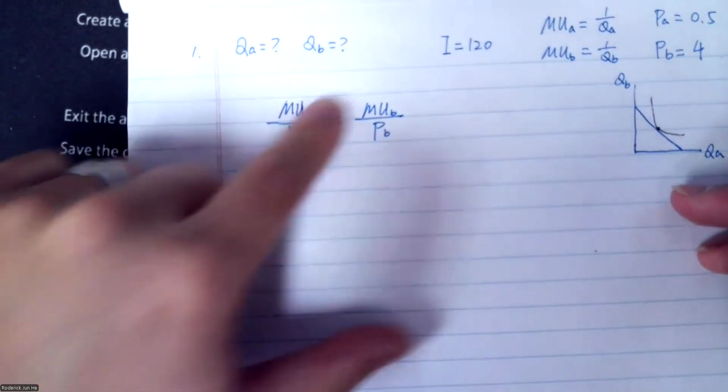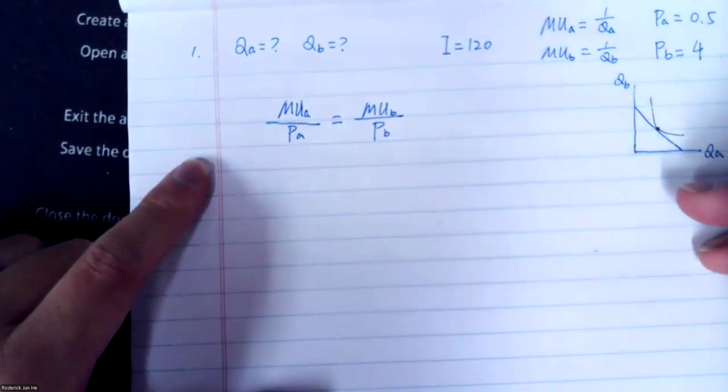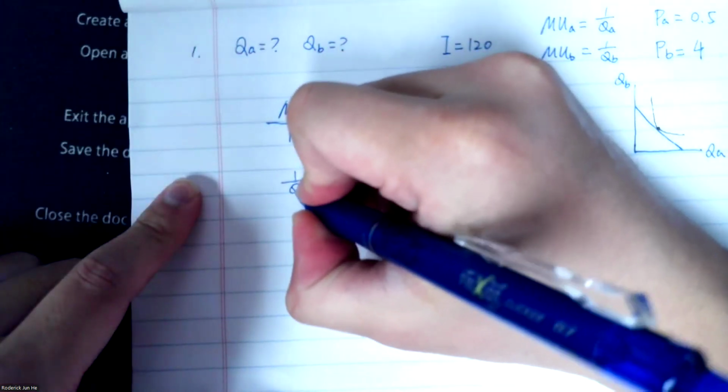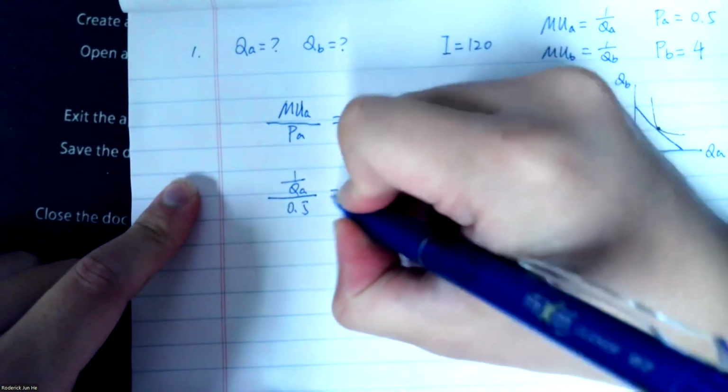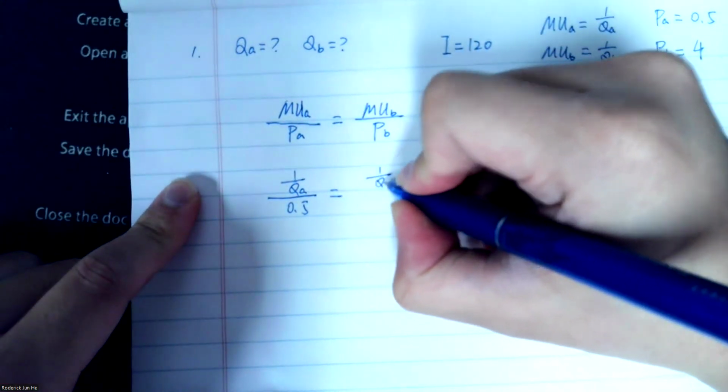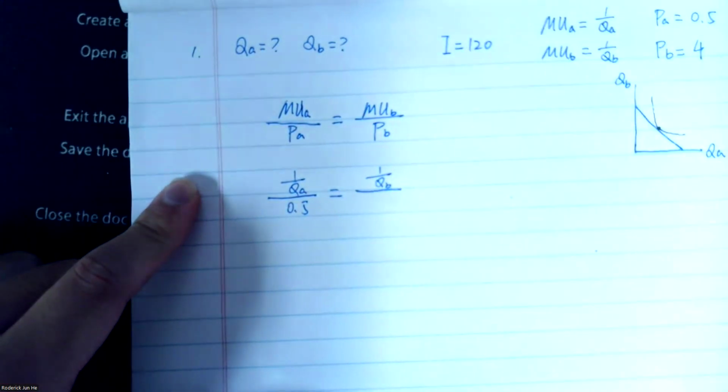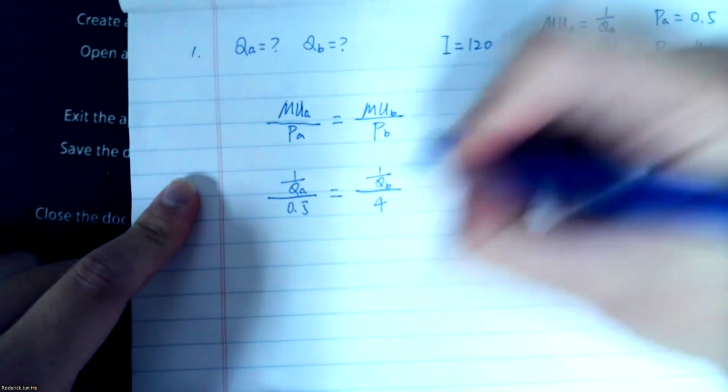So now let's plug them in, right? So here it is 1 over QA over the price of A, 0.5, equal to 1 over QB over the price of B, which is 4.